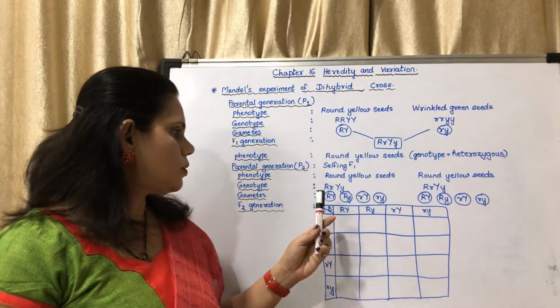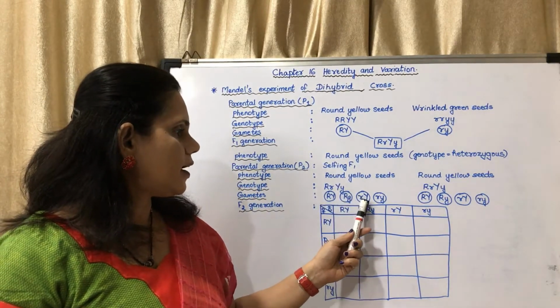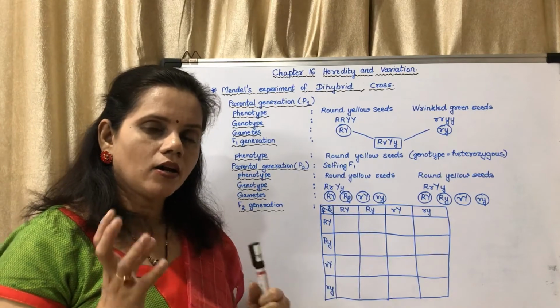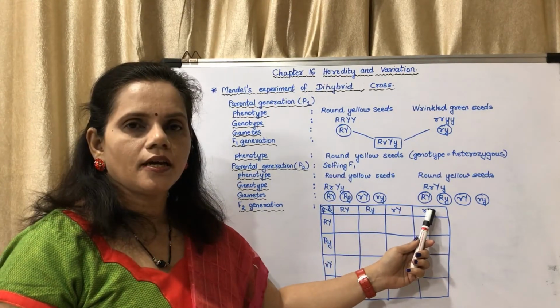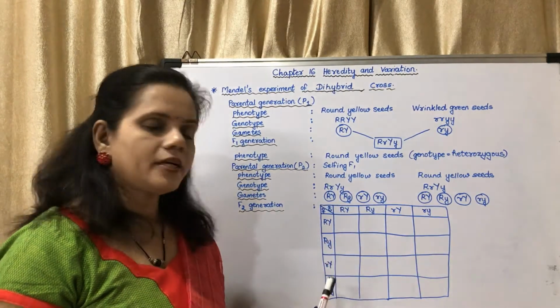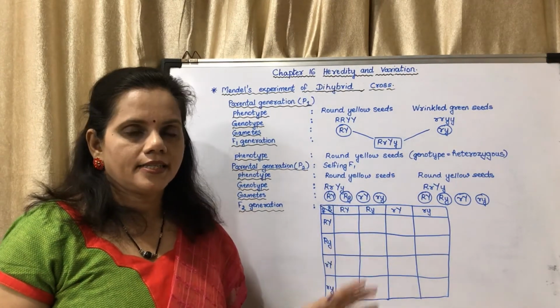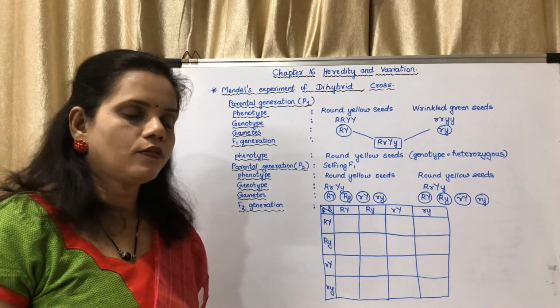Now I have taken the male gametes above and the female gametes towards the left-hand side. This is a Punnett square which we are going to fill.